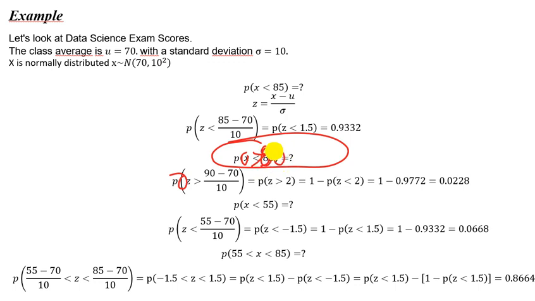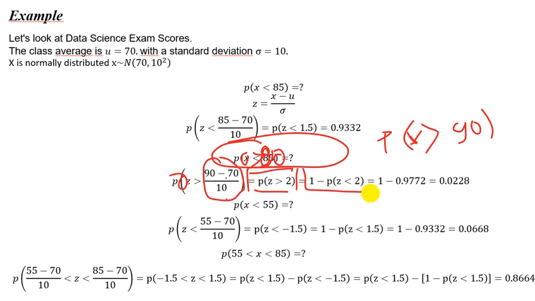Okay, let's make it P of x greater than 90. Sorry. So we do 90 minus mu, which is 70, divided by 10, so we get P of z greater than 2. Our table doesn't give us the values of greater than, we have only less than, so we need to convert this to less than. How to do this? By doing 1 minus P of z less than 2.